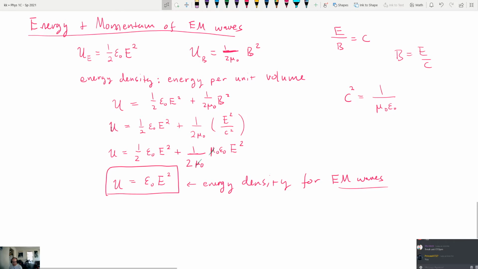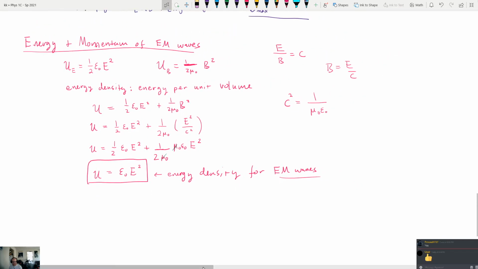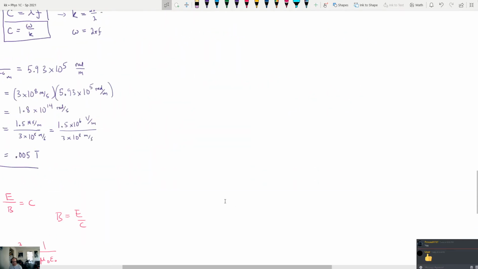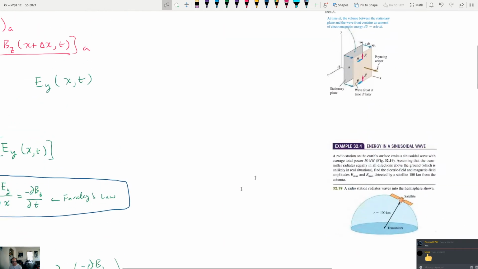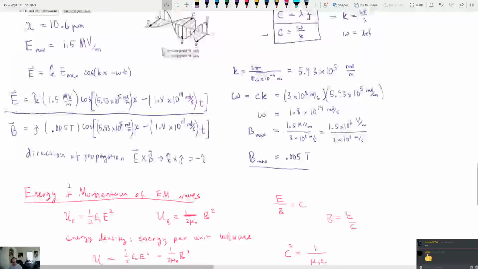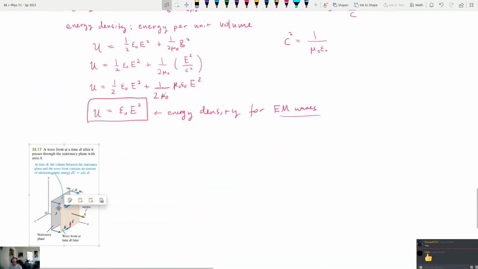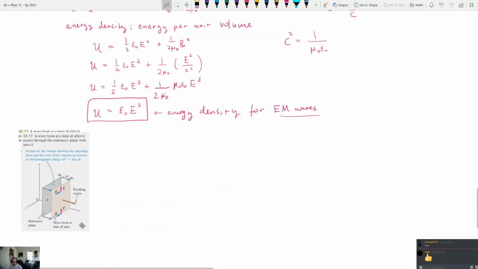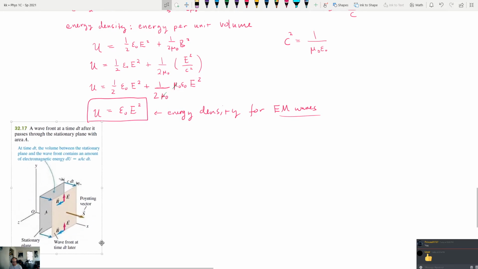So the next thing we want to do is to look at the way in which these waves transport energy. We'd like to know the rate at which energy is transferred. So we're going to use this picture from the book, so I don't have to try to redraw it since it's three-dimensional. Their version is going to look better than mine for sure. And we're going to use this to define the energy per unit time that is transferred by these waves, because these electromagnetic waves definitely transport energy.